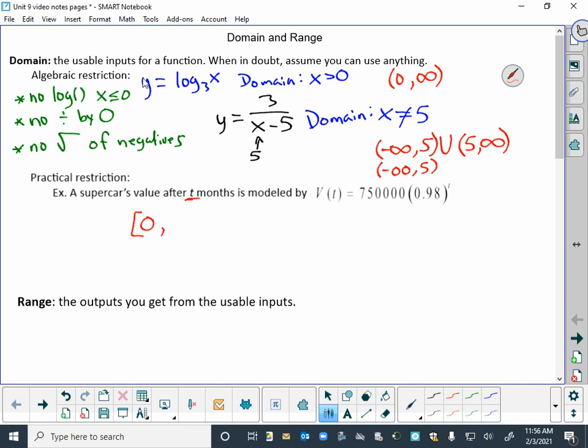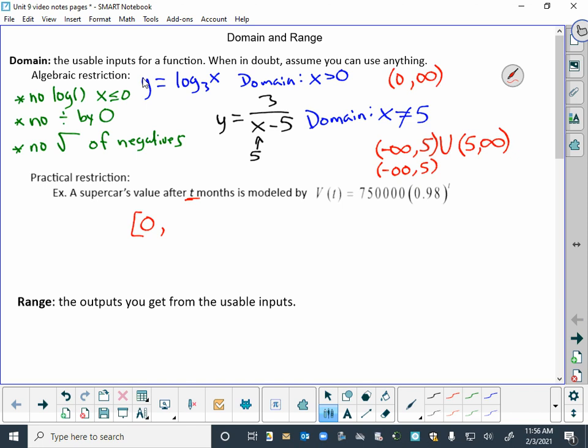Okay? So a negative number off to the left there doesn't make any sense. The supercar wasn't worth more before it was brand new. $750,000 apparently was the starting price.